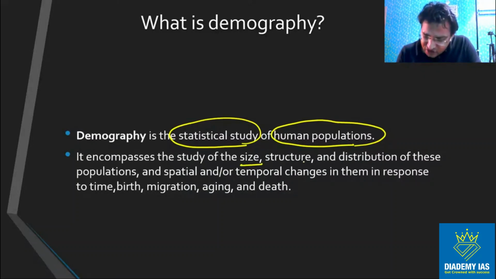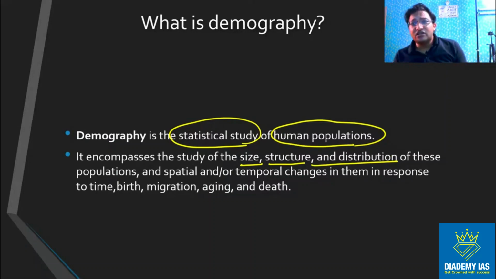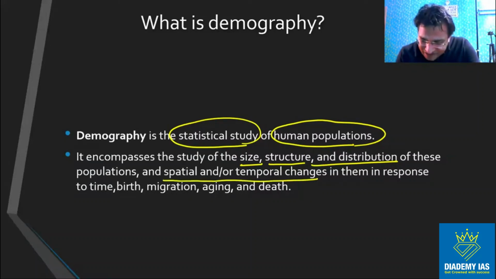We study the size, structure and the distribution of these populations. How much is the size? What is the structure? Structure in terms of age, in terms of gender, male, female, right? And distribution across the regions, across the different nations, across the state, and spatial or temporal changes.